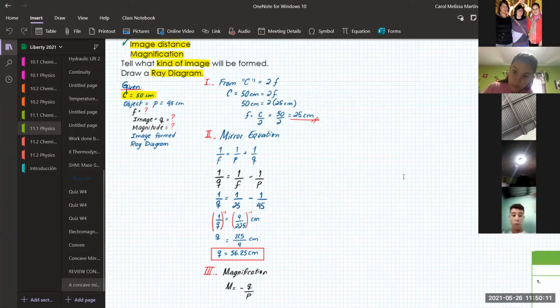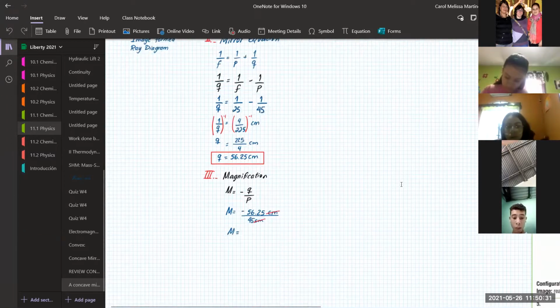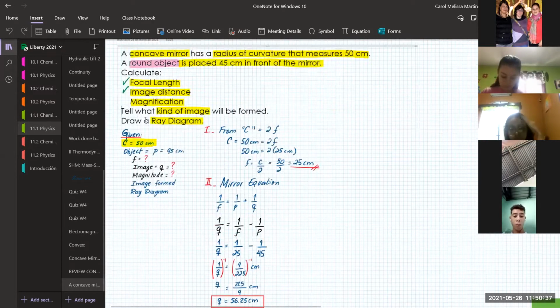So magnification will be negative 56.25 centimeters divided by 45 centimeters. You get rid of the centimeters, and how much is the magnification? Negative 1.25.